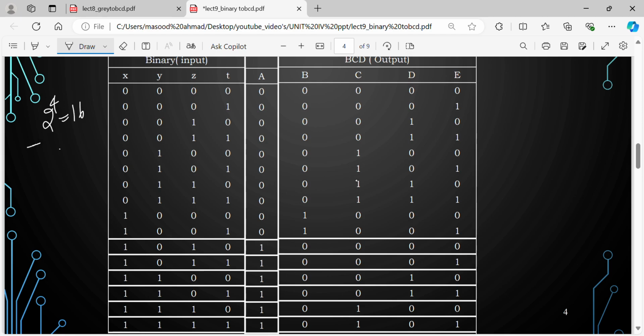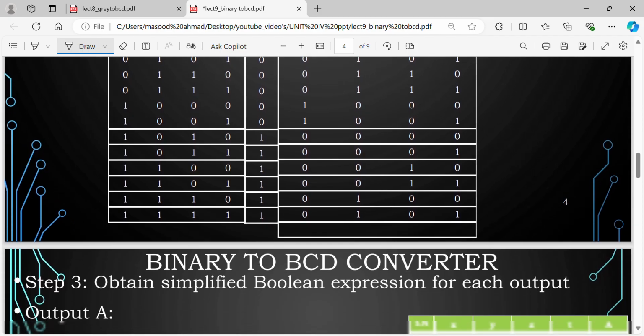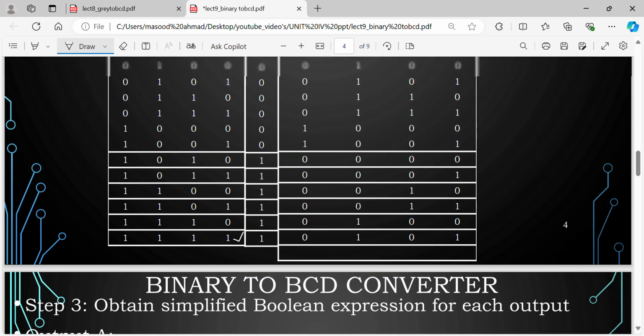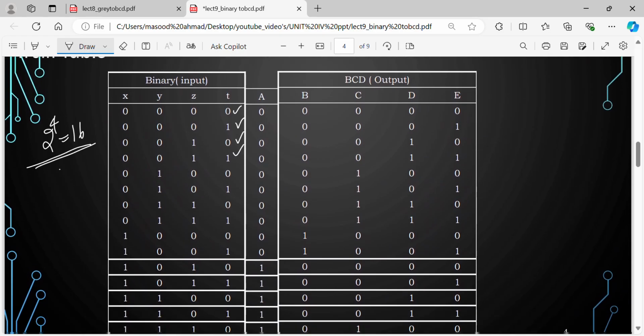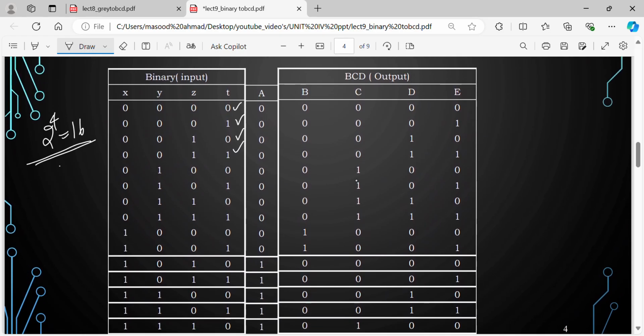Those 16 possible combinations are listed over here, which is nothing but 0000, 0001, 0010, 0011, and so on and so forth till 1111. For this input, we have to get a BCD. In BCD, you'll get from 0, 1, 2, 3, 4, 5, 6, 7, 8, 9.